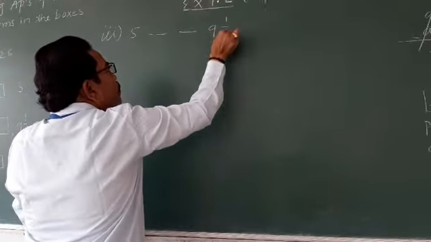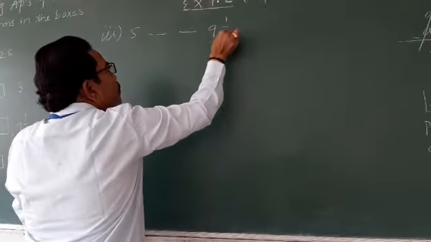Okay, as usual, let us consider A1, A2, A3, A4. A1 equals 5, which is a. Then A4 is given.